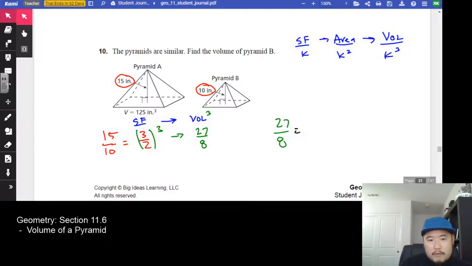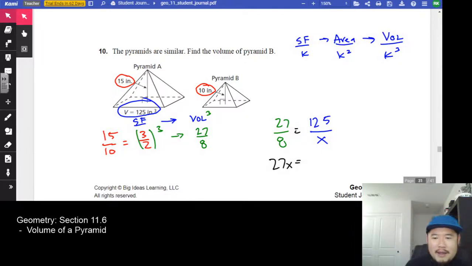The volume of pyramid A is 125 inches cubed, so I'll put 125 up here. The numerator is pyramid A and the denominator is pyramid B. Down here is the unknown, x. So now you just have to solve for x by cross multiplying. We have 27x, and then we take 125 and multiply that by 8, which is equal to 1,000.